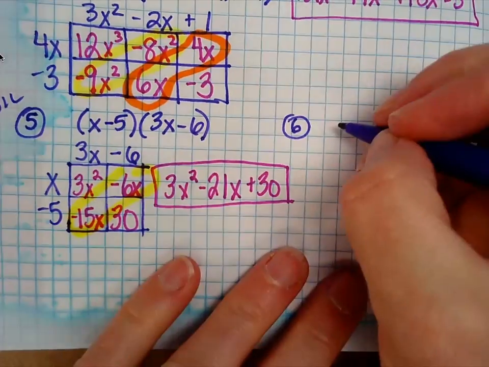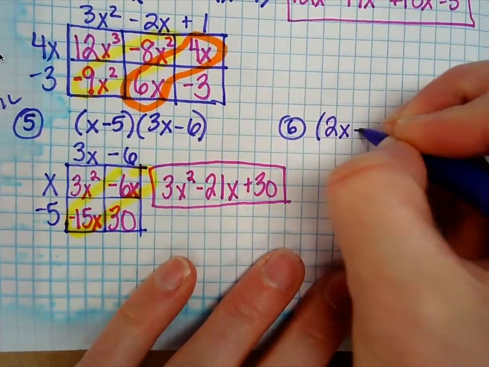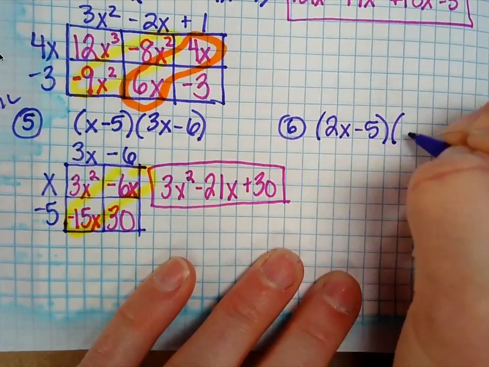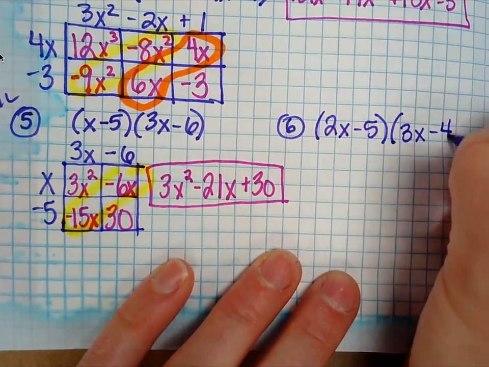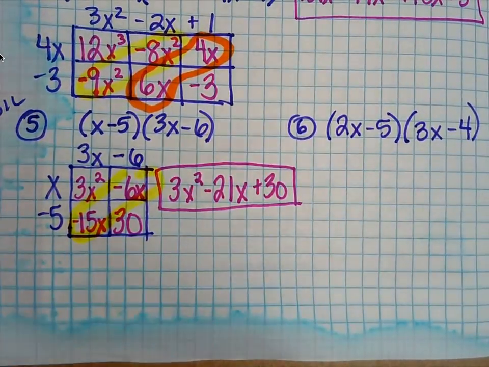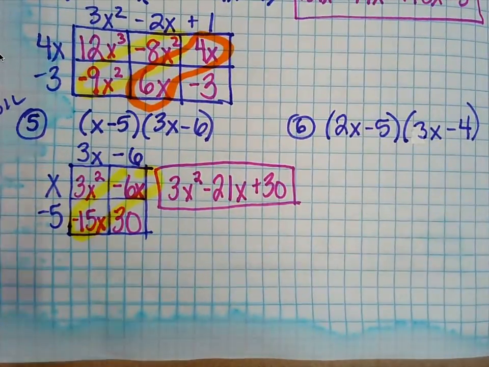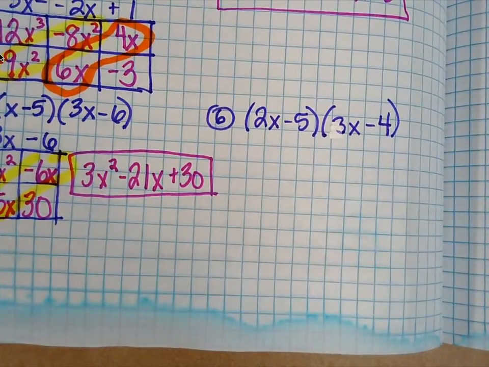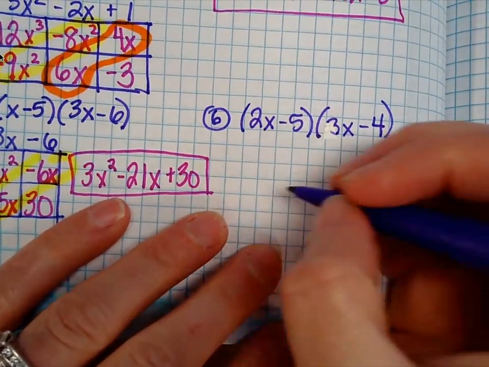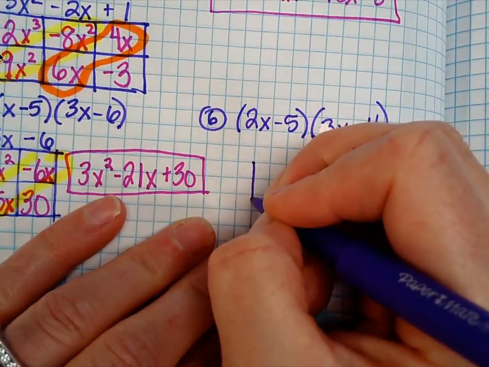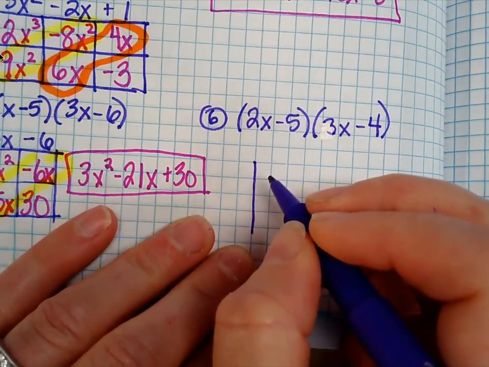All right, we'll do one last problem. 2x minus 5 times 3x minus 4.